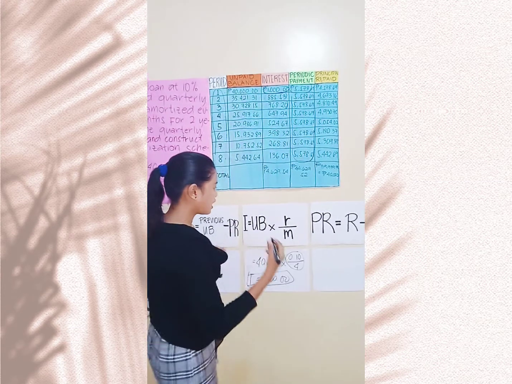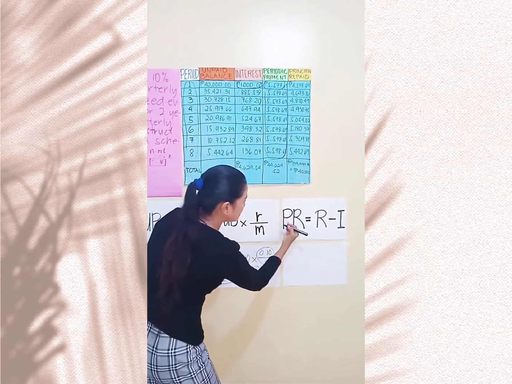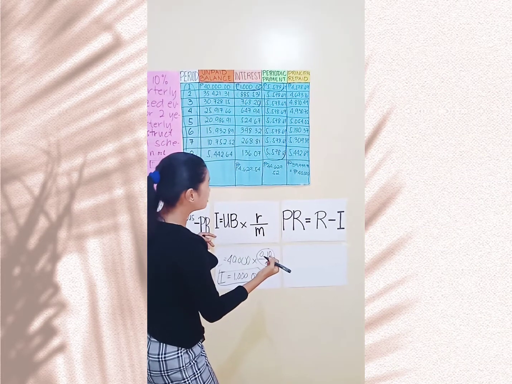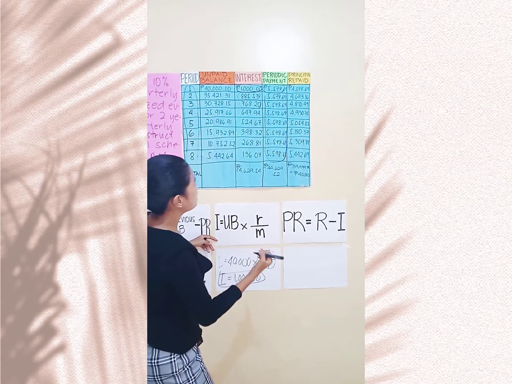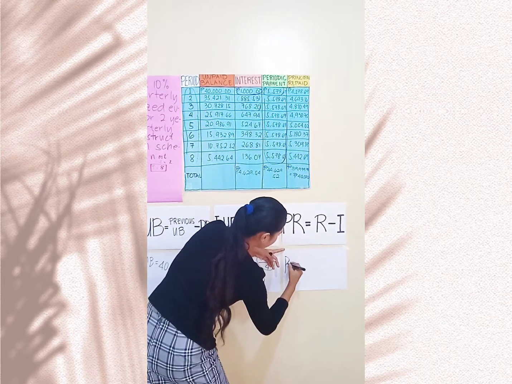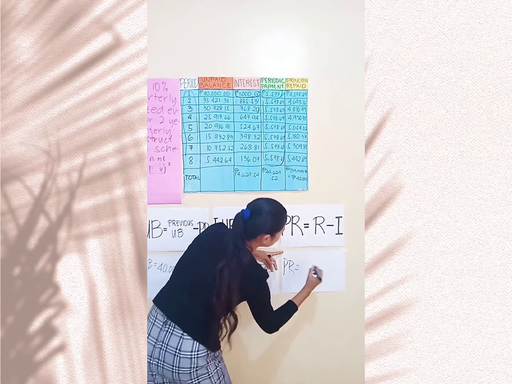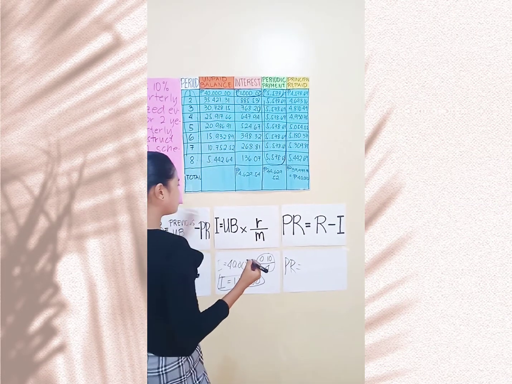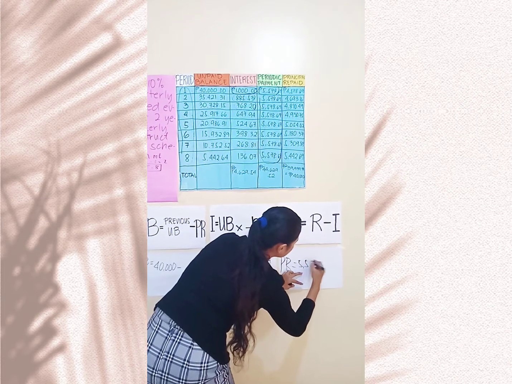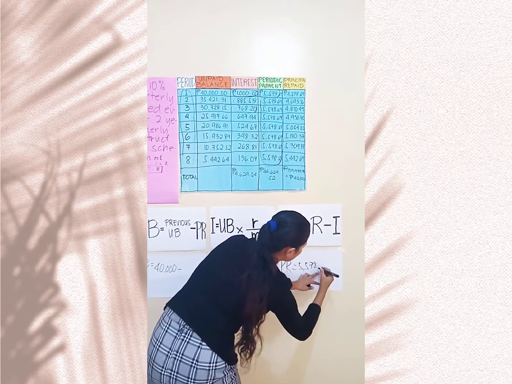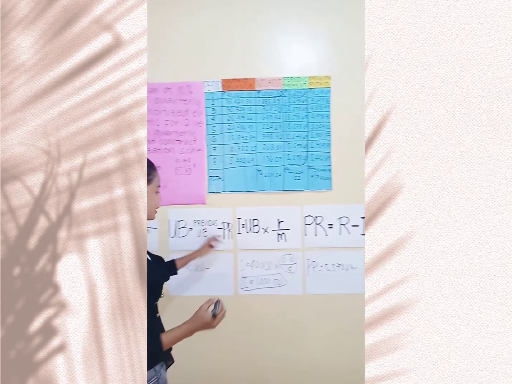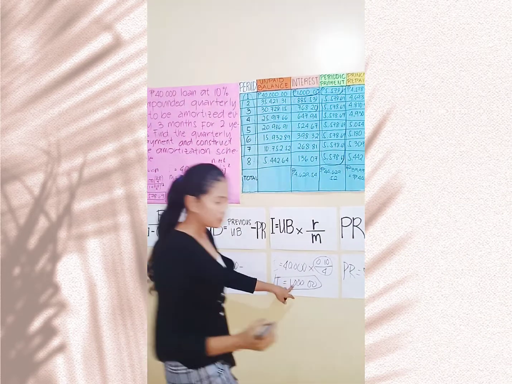So let's solve it. The principal repaid on the first period is equal to our periodic payment, which is the R, 5,578.69, minus our interest, 1,000.